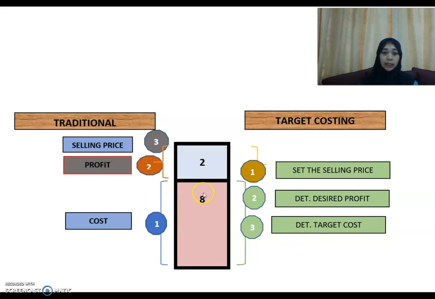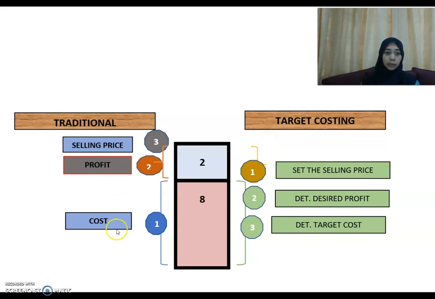So if currently your cost of production is 8, you need to find ways to reduce your cost so that you will be more competitive, maybe using various methods, so that you can reduce your cost from 8 to 6. So that is the approach for target costing. It's just the reverse of your traditional approach.